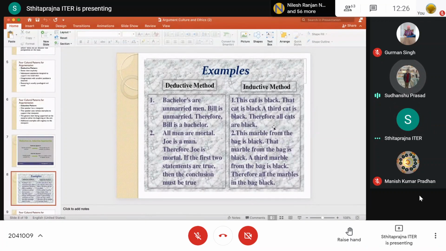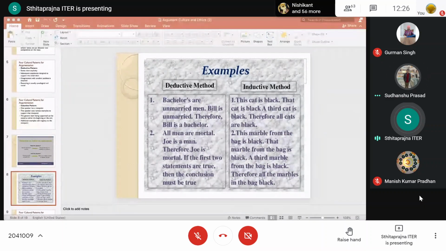Ma'am, actually, my net is a little slow, so I can't see the screen properly. Okay, Sudhanshu, leave it. I'll read this. Don't worry. And is she there in the class today? Ishi, are you there in the class today? Is he there? Let me find out. Yes, he's there.